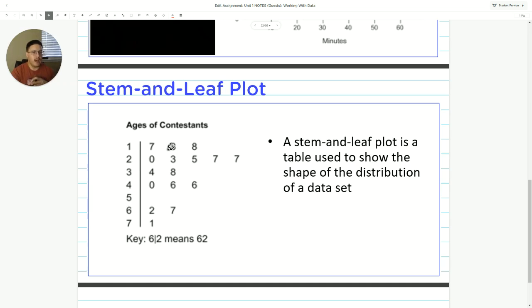It'll show you things that you couldn't have seen if it were only in, let's say, a bar graph. Maybe a stem and leaf plot would have shown you a different trend.